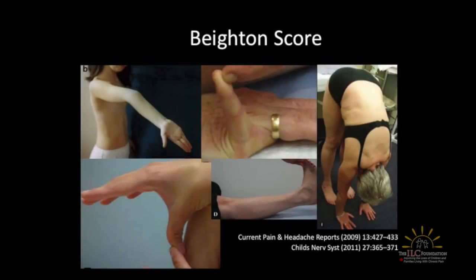So just to review the Beighton Score, which is the measure by which we look at hypermobility in patients, there are 9 different assessments that we do. First, we look at the elbow.